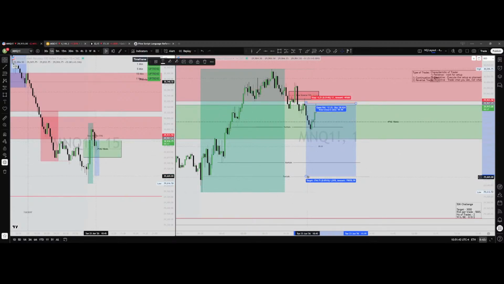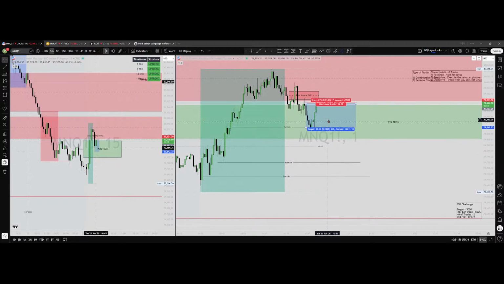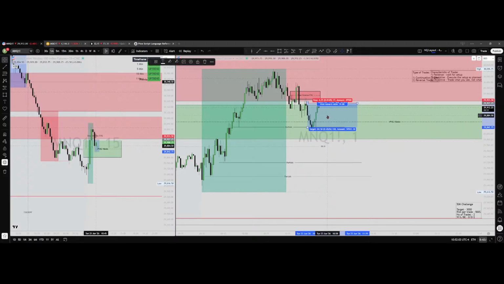As soon as the price tapped in, I took some partials at about 80 points. Well, the whole trade would be all the way till 29,616.5, but I took my share from the market, and that's it for me today.